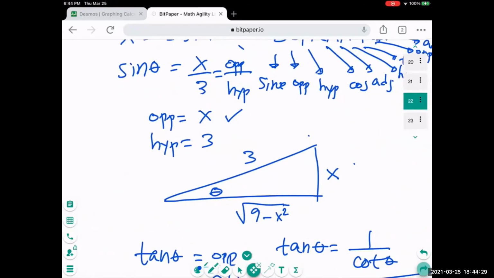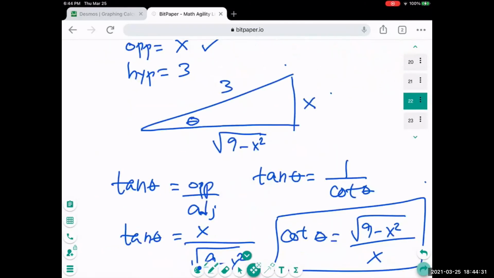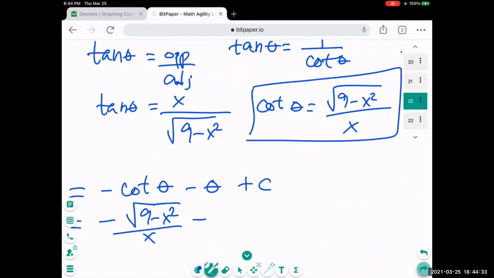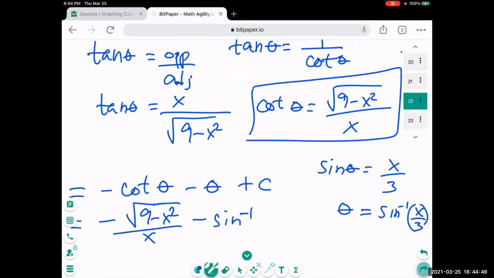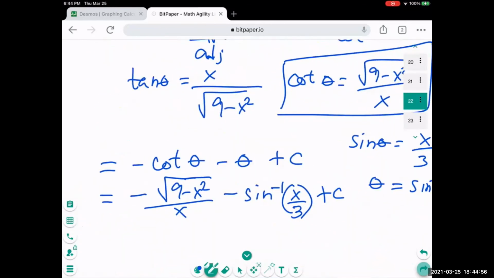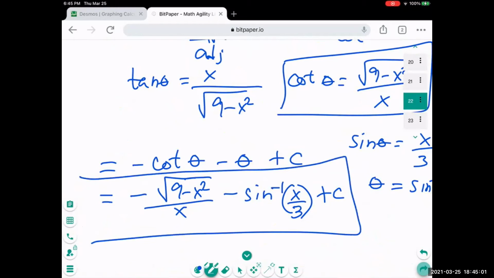So since we have sine theta, we will get the inverse of sine theta, right? So we have sine theta equals x over 3. So the inverse of that would be sine inverse or arc sine x over 3. So basically that is equivalent to theta. So arc sine of x over 3 plus c. So ito na yung final answer natin for the integral. All right.